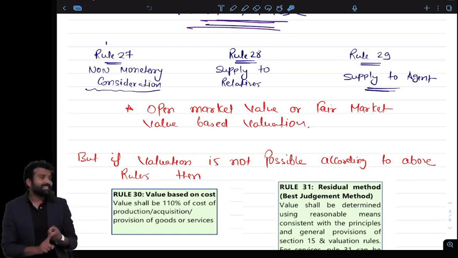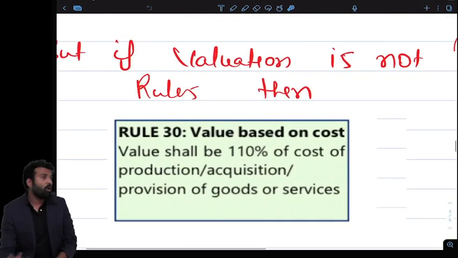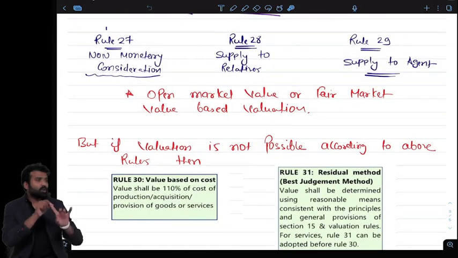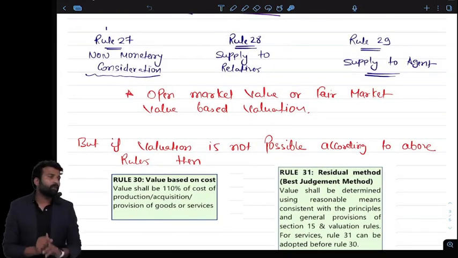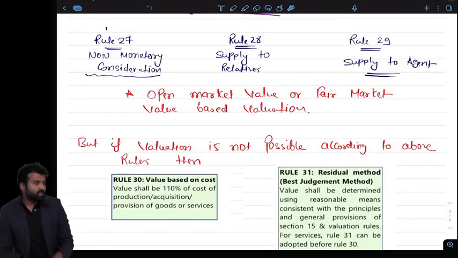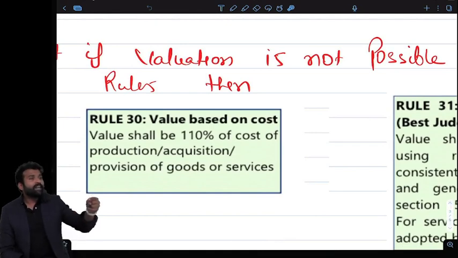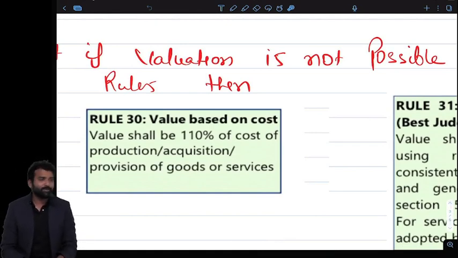And the interesting thing is, if open market value or fair market value is not available, then I will be going for cost of production based value. There I will be adding 110% of cost of production as my value. So if my price is not genuine and I am not able to find the open market value of the goods, then I have to go for cost of production based valuation, and there I will be choosing 110% as my value for the purpose of GST.